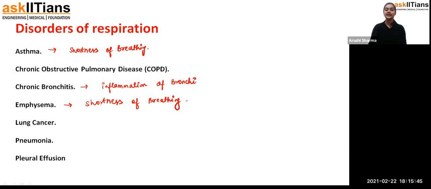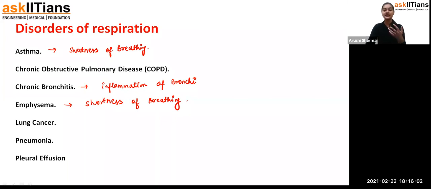Okay, so we have discussed these four disorders. Now coming to the fifth type, that is lung cancer. And see, students, you can imagine that if a person is facing cancer and it is lung cancer, there is definitely a direct relation with respiration.